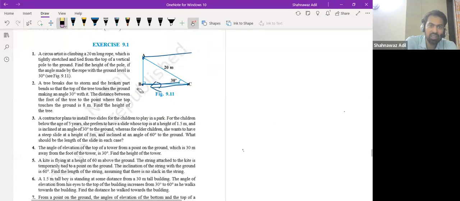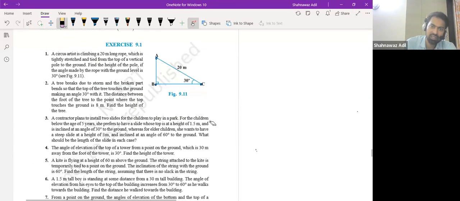This question we did in yesterday's class. Let us do this question again. First question: a circus artist is climbing a 20 meter rope, which is tightly stretched and tied from the top of the vertical pole to the ground. Find the height of the pole. So we have to find this height. Remember, if this is the angle, then this is the perpendicular, and this is the hypotenuse.